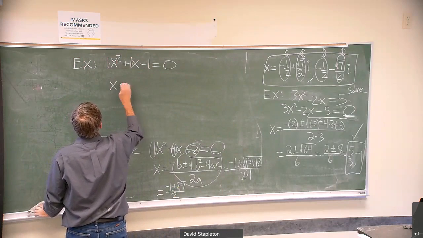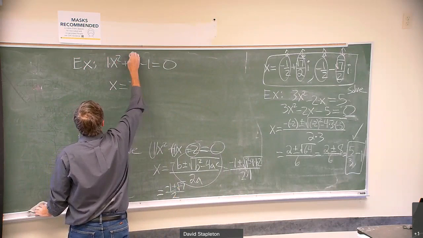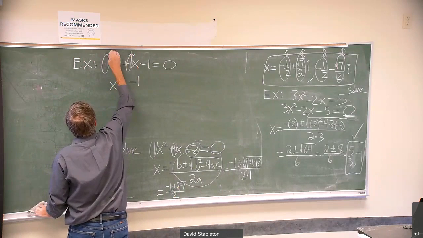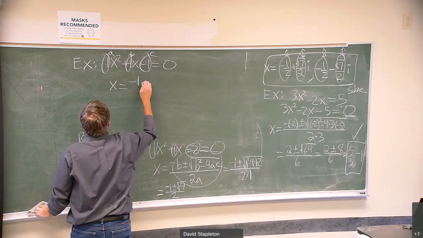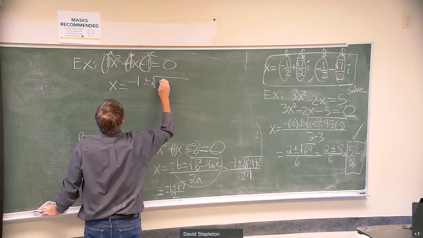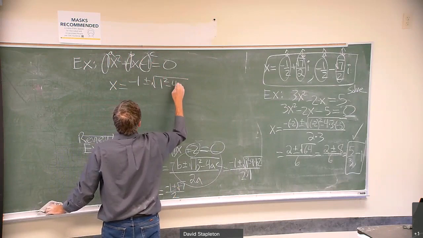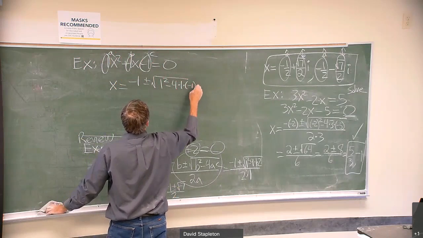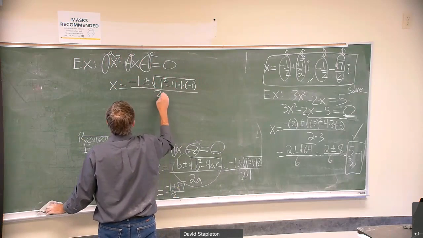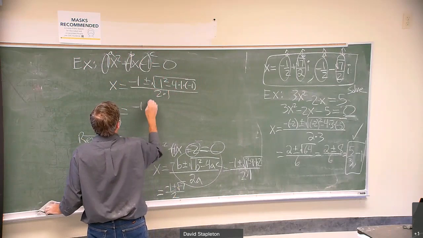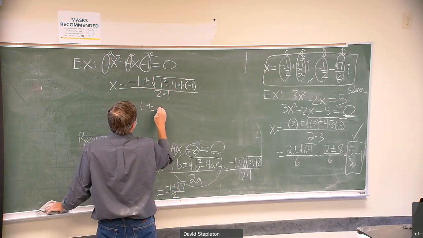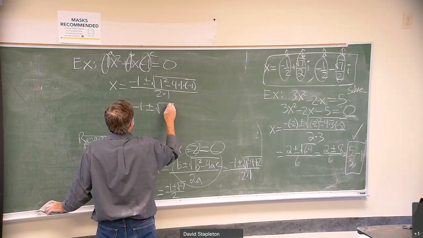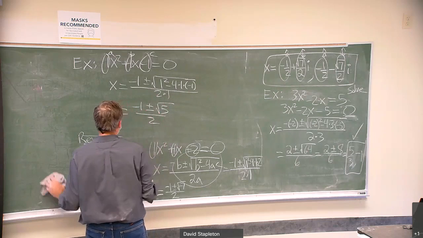So I put x equals minus b, plus or minus the square root of b squared, which would be 1 squared, minus 4 times a times c, all over 2a. That gives me -1 plus or minus the square root of 1 plus 4, which is 5, all over 2.